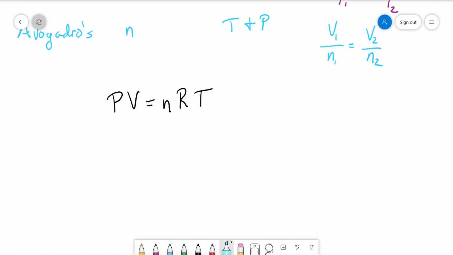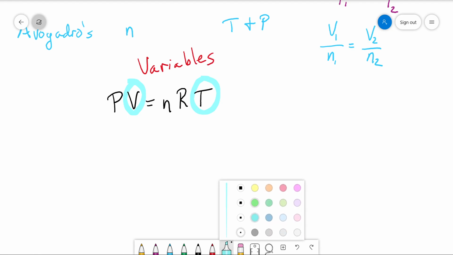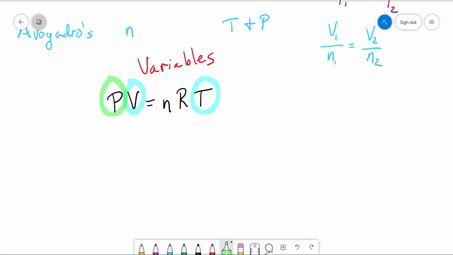So if we want volume and temperature, those are our variables. Okay, and what does that mean? That means everything else is constant. These guys, the green ones, are constant.